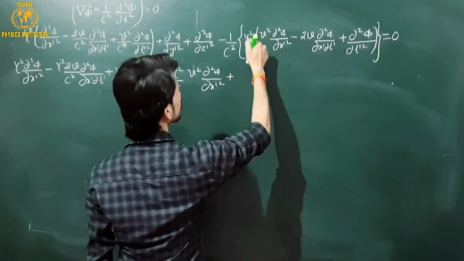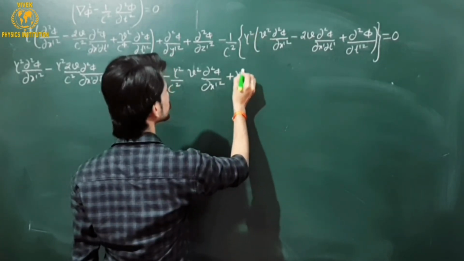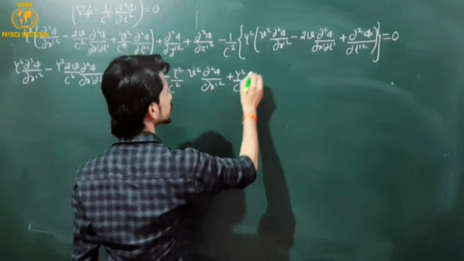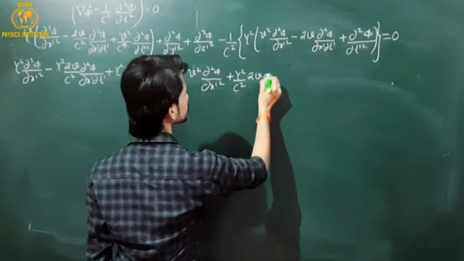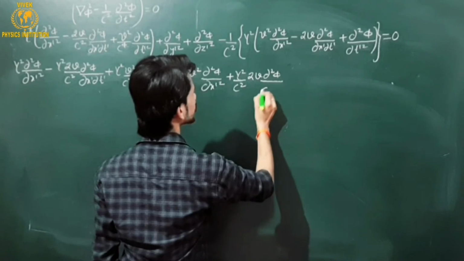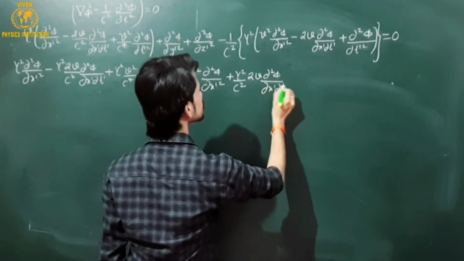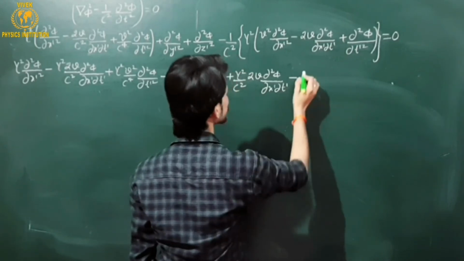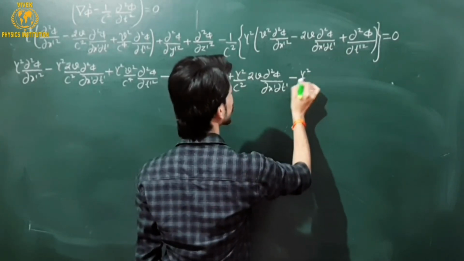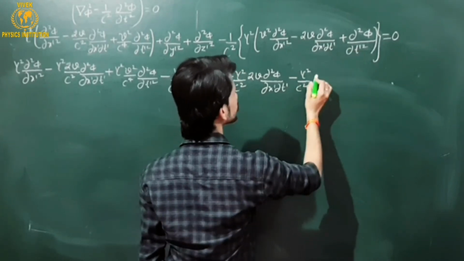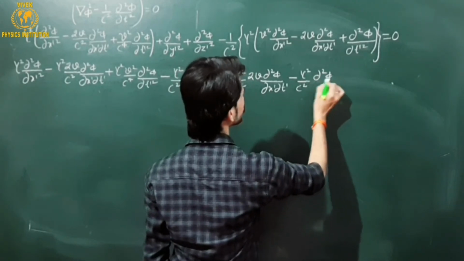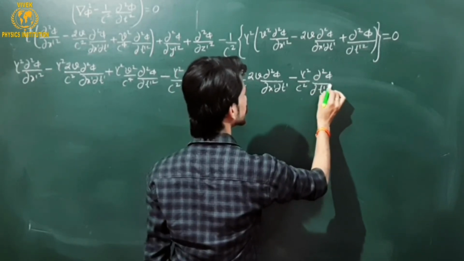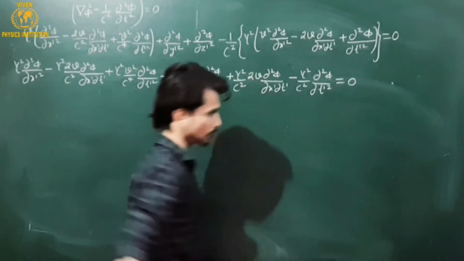And this is gamma square upon c square, this is 2v del square phi over del x dash del t dash. This minus and plus will get minus. This is gamma square over c square with this del square phi over del t dash square equals 0.